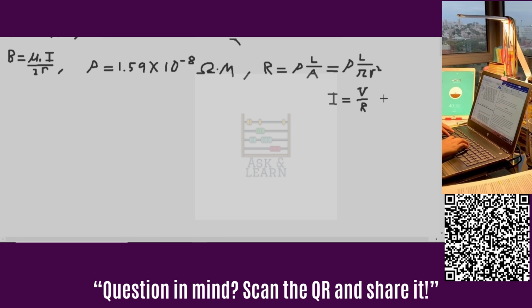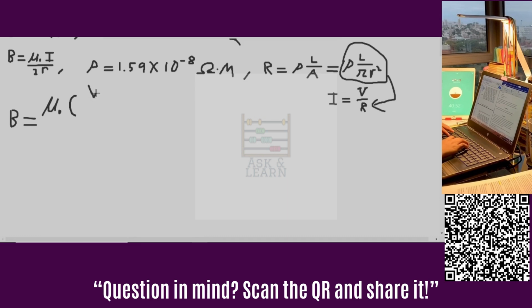So now we have I, and we can plug in this value for R here. This is what R is equal to that we already solved. So let's plug in all of this stuff now into our equation. So now we have B, same as always, same as this equation here, is equal to mu naught times I. I'm going to write it in parentheses just so you can see that I is equal to all of this stuff.